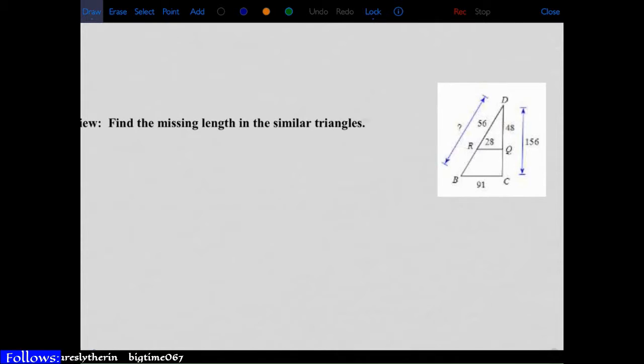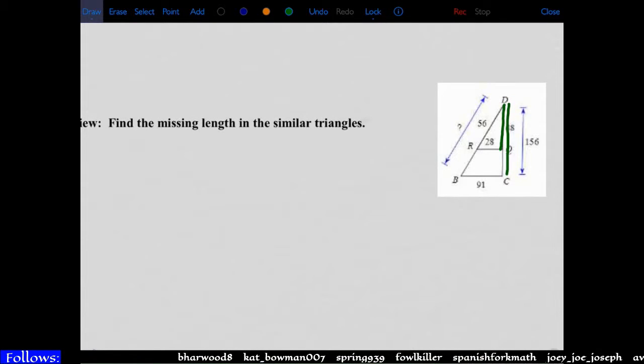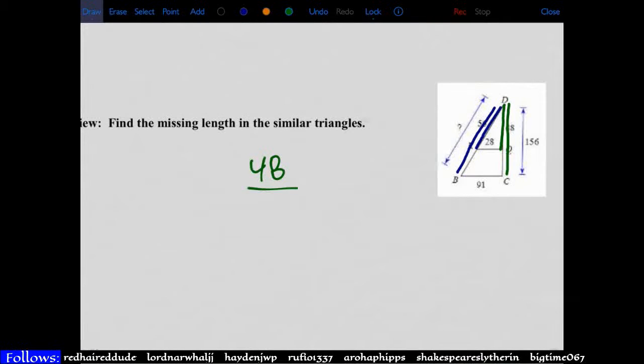So you know that the length of the small triangle divided by the matching length of the large triangle is going to be equal to the other length of the small triangle divided by the matching length of the large triangle. What that looks like is 48 over 156, right?